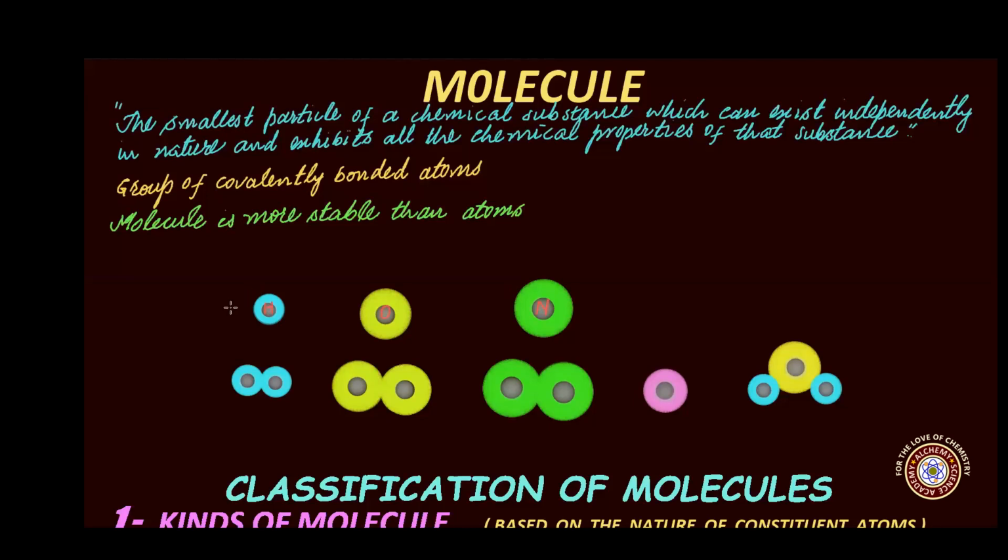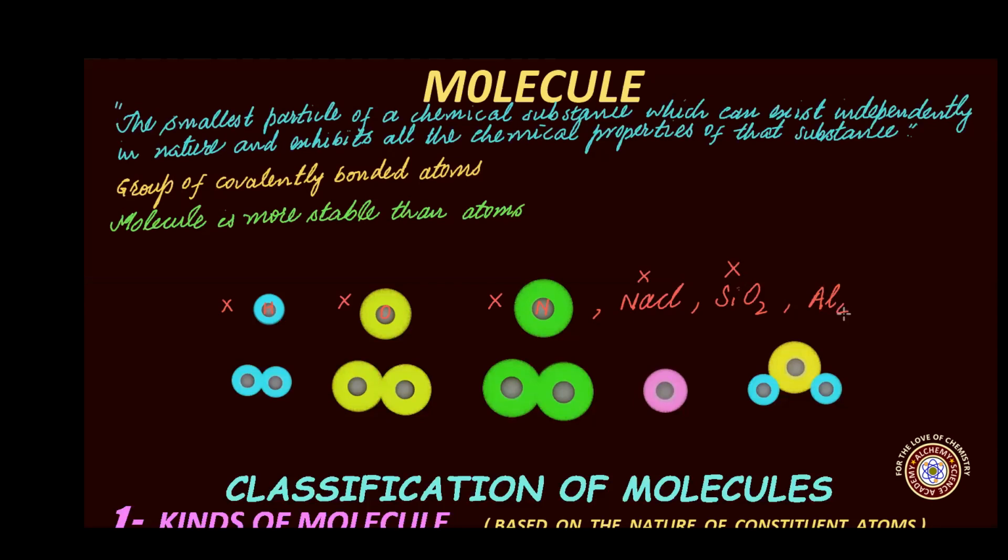These particles cannot exist freely in nature, hence they cannot be called molecules. Similarly, sodium chloride cannot exist freely in nature, hence it cannot be called a molecule. Silicon tetraoxide, sometimes also called silicon dioxide or quartz, also does not exist independently in nature and hence is not a molecule.